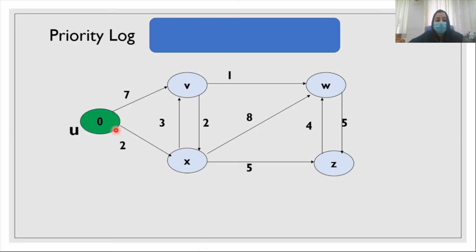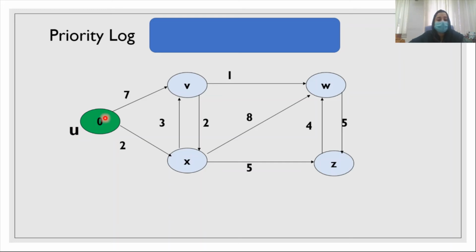We color that particular vertex green to show that we have visited this vertex, or this vertex has been resolved. So the shortest distance of U from U is 0.